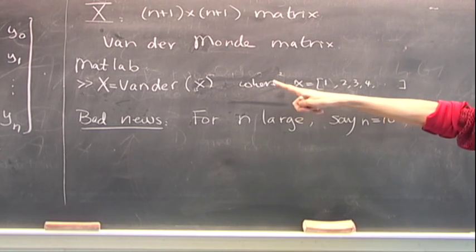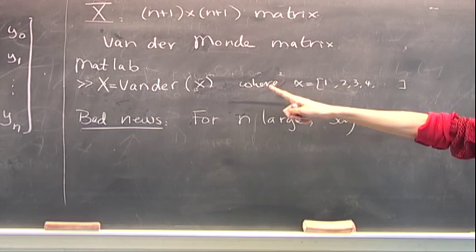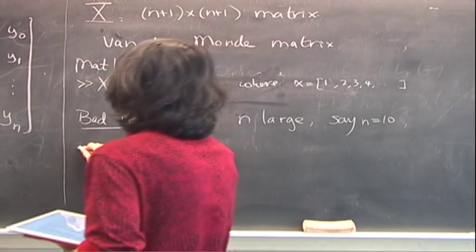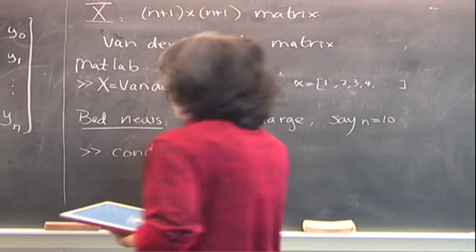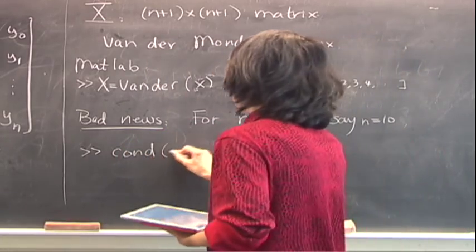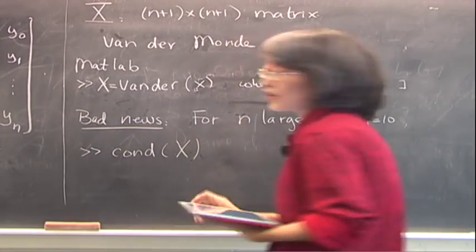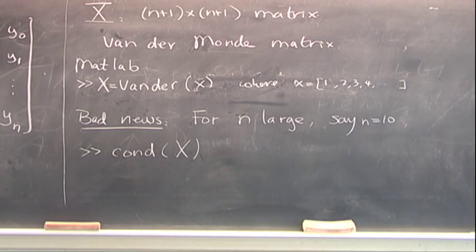Ask MATLAB to generate this matrix X for you, and then ask MATLAB to compute the condition number. The command is COND, and you give this big X, the matrix, in. You see a huge number. What does it mean? That means the solution is extremely sensitive to perturbation, and that's very bad. Okay? Very bad. So bad news.